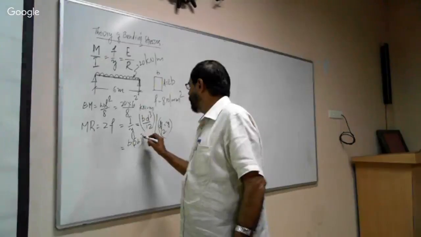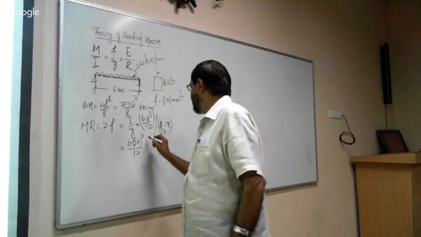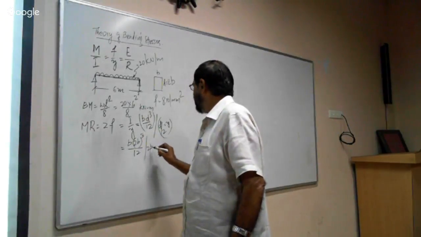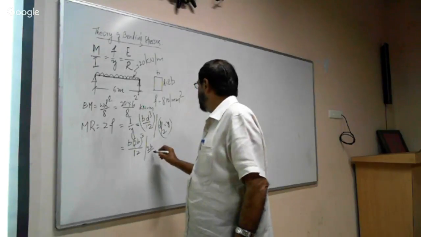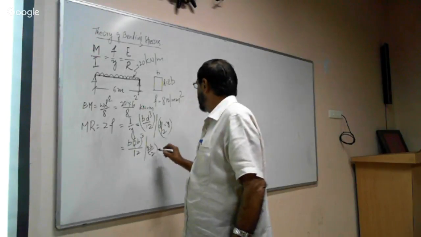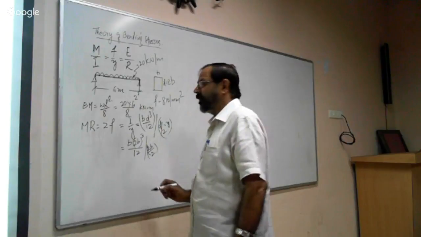So it is (2B) cube divided by 12, divided by 2B divided by 2.